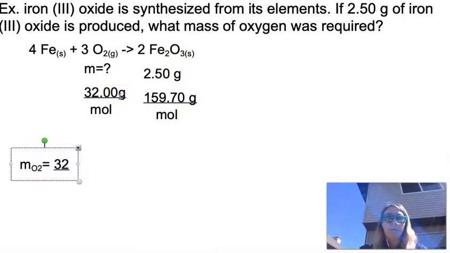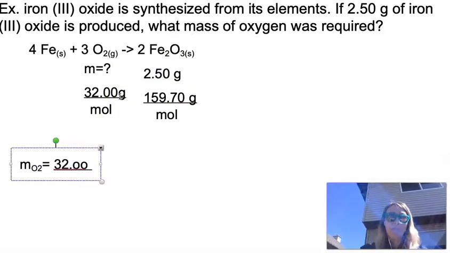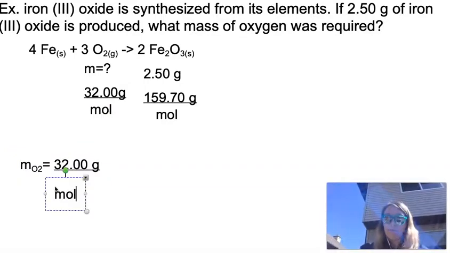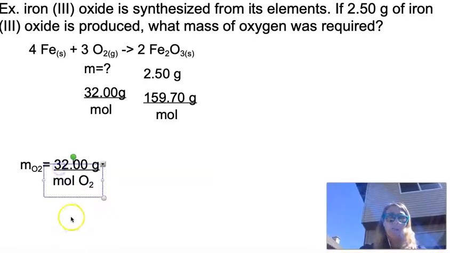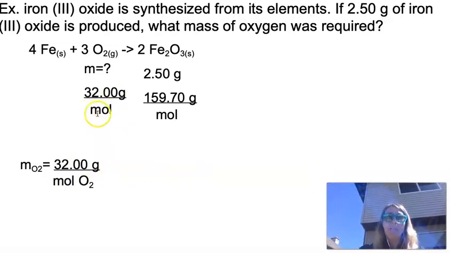So we're going to start our unit analysis with 32.00 grams, and that is going to be per mole of that oxygen. Okay, so now what we need to get rid of? We need to get rid of moles of O2, right? Because all we want is grams. So the only moles I've written right now of oxygen is this, but I've already used that, so I can't use that again.